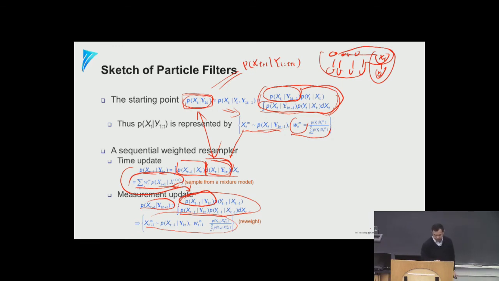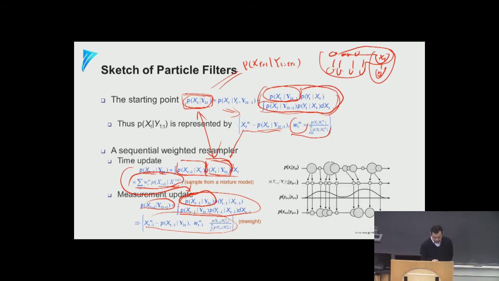I have a graph for that which hopefully makes the whole thing more explicit. This graph is kind of interesting. You start from x_t given y_t, and look at the shape. You have samples, and the size of the ball means their corresponding weights. Then what you're going to do is resample from these weights.